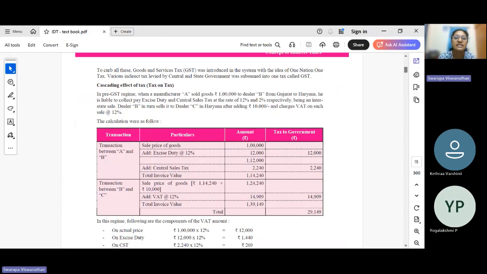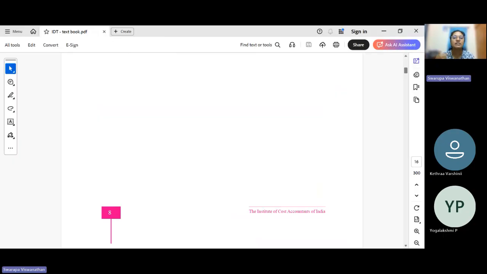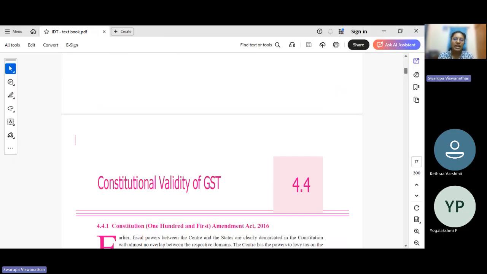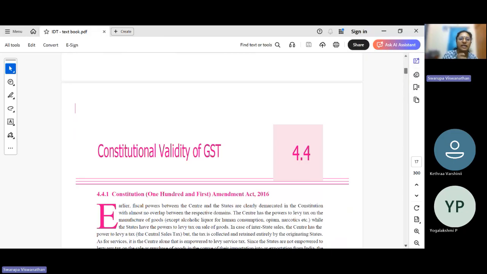And what is the disadvantage of the old regime of taxation before GST? There was a cascading effect of tax, which was the most important disadvantage, that is, tax on tax. And there was no availability of input tax credit. You could not take the tax paid under central sales tax and adjust it against VAT or state taxes.